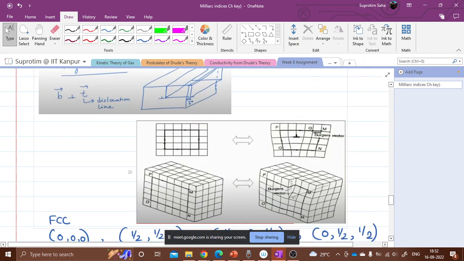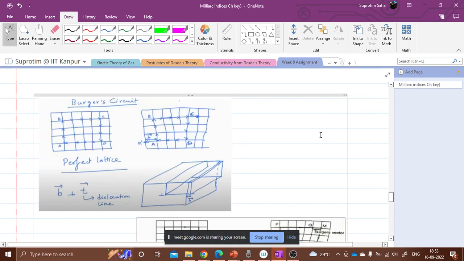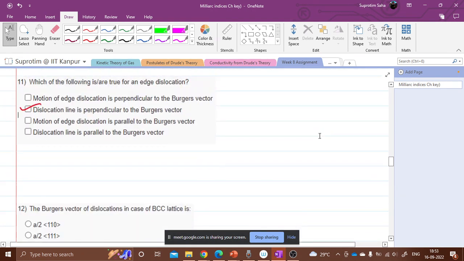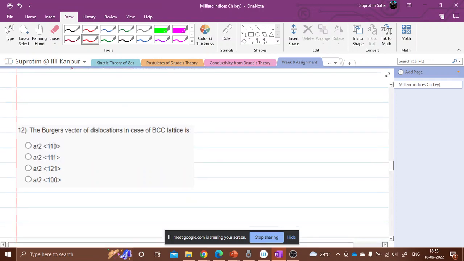If you move forward 3 steps in each of these directions and 4 steps in each of these directions, for a dislocated lattice site you'll cover one extra lattice point, because there's a dislocated lattice now. So the Burgers vector is along the motion of your dislocation. So the third option would be correct: motion of edge dislocation is parallel to the Burgers vector.